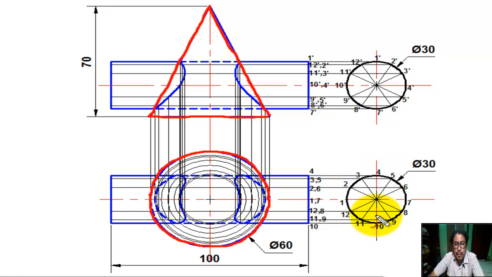We divide this circle into 12 equal divisions by 30-degree angle and 60-degree angle.